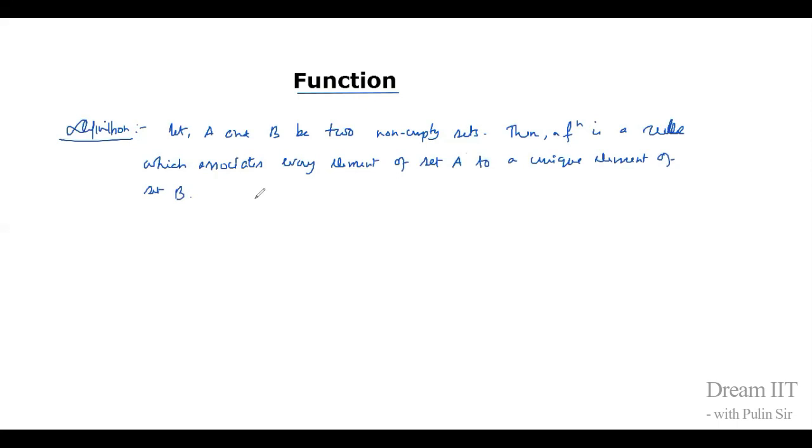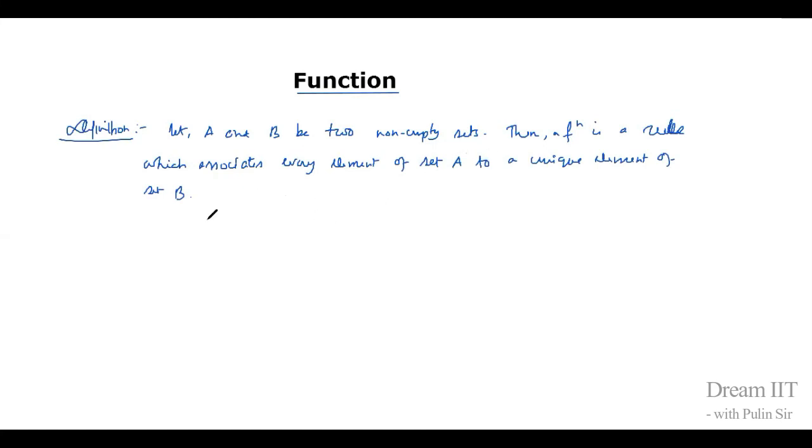I could have written the technical definition also. But knowing the technical definition won't make much difference. It is better to understand the concept. This is the understandable definition. So what does it mean actually?